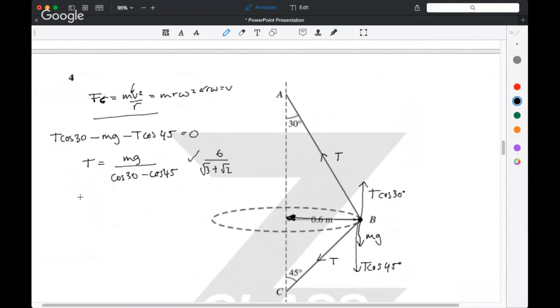So there are two parts: T sine 30 and T sine 45, and that's equal to mv squared over r. We found T, we know the sine of 30, we know the mass, and we know the radius. So we can solve for v, no problem.